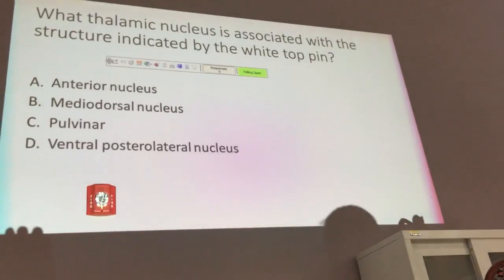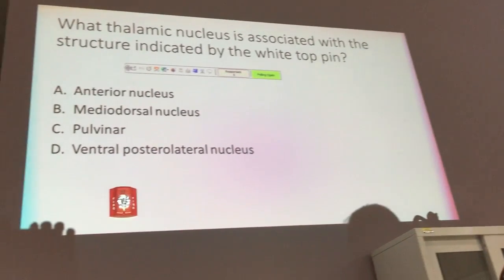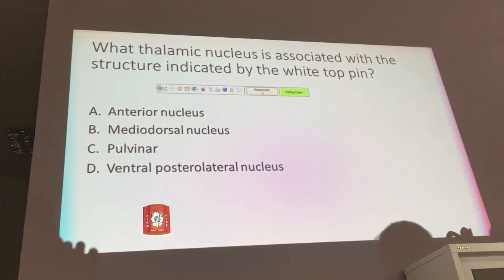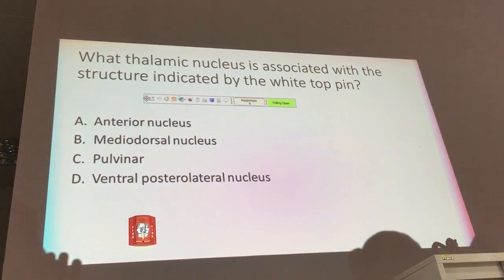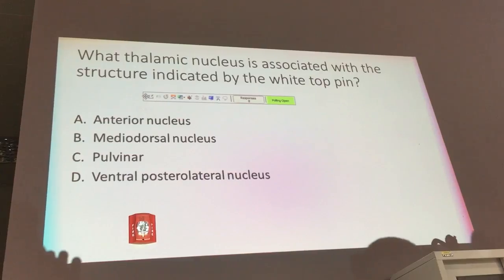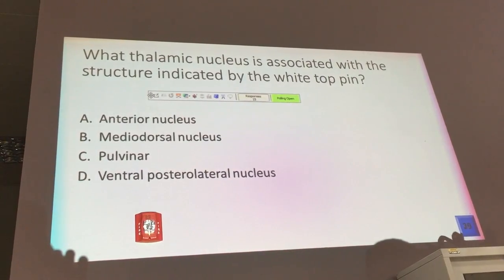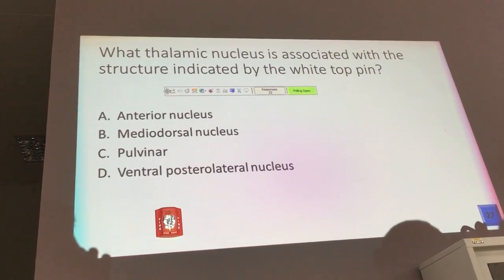Okay, so next one. What is the thalamic nucleus having a relationship with the structure shown by the white pin?